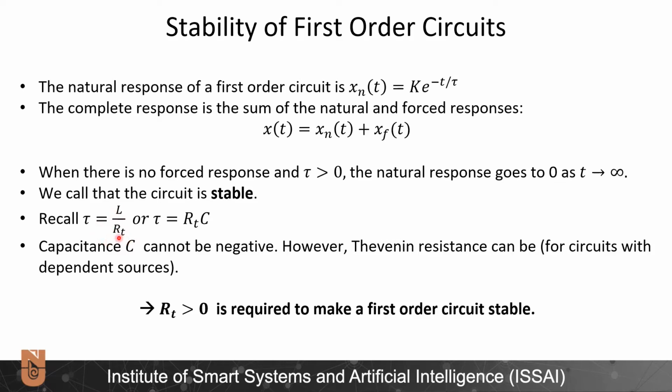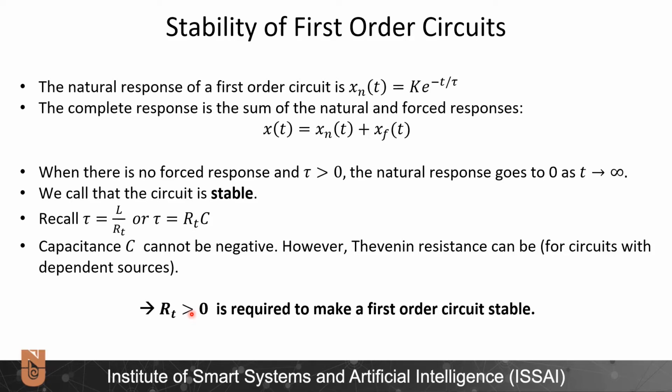Tau is equal to L over RT, and tau is equal to RT times C. Obviously, a capacitor or inductor cannot have a negative capacitance or inductance value. However, this RT can be negative. How? Remember, RT is not the regular resistance, but the equivalent resistance of the circuit.